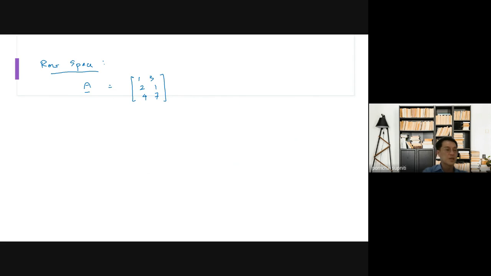In this case, we can write it as a set of the different rows of A. Let me write them as R so that they are not the same.